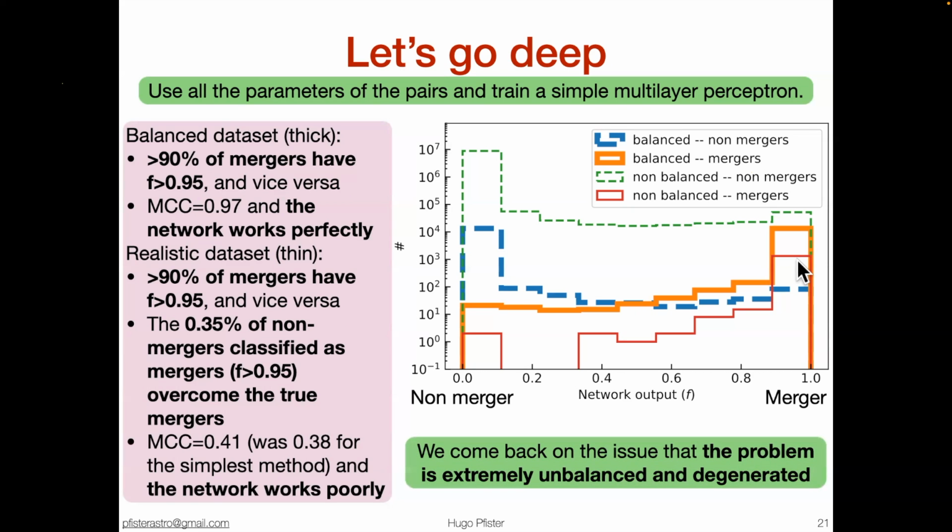And so again, the problem is that the dataset is extremely unbalanced and degenerate. I couldn't find a solution to make this work, but if you have any suggestion, I'm very much open to that, on how to deal with this kind of problem where not only is the problem unbalanced, but it's also very degenerate. So we stop here with the conclusion.